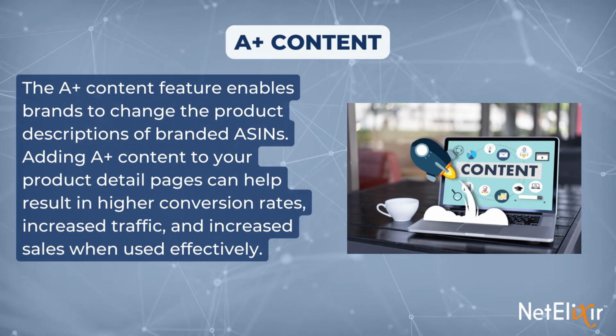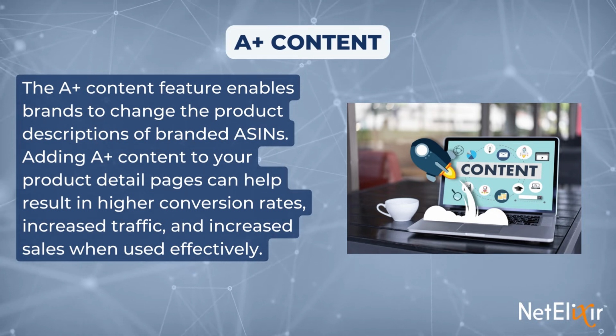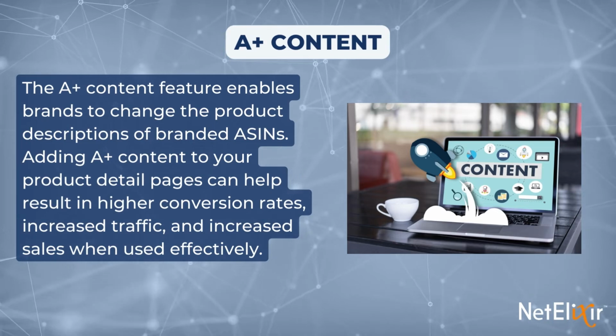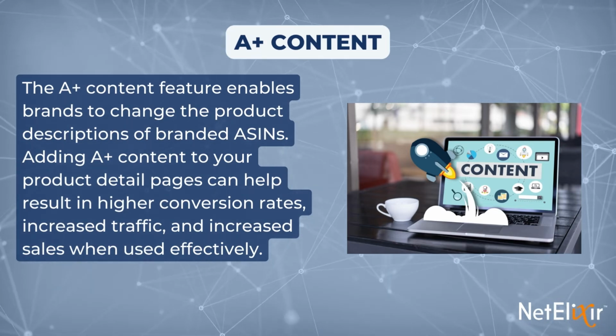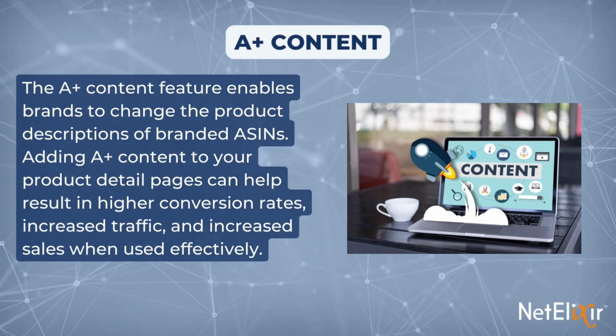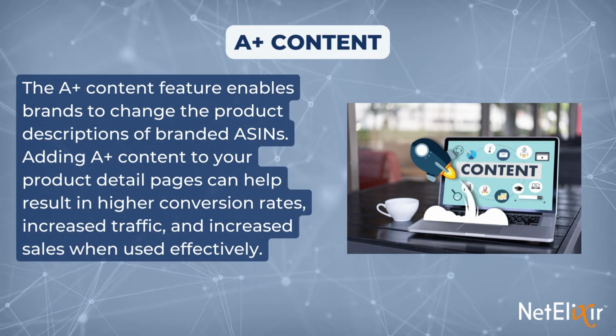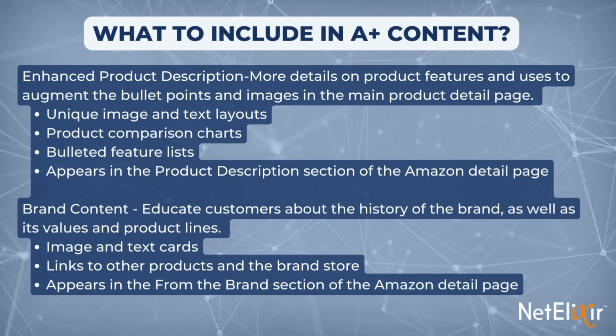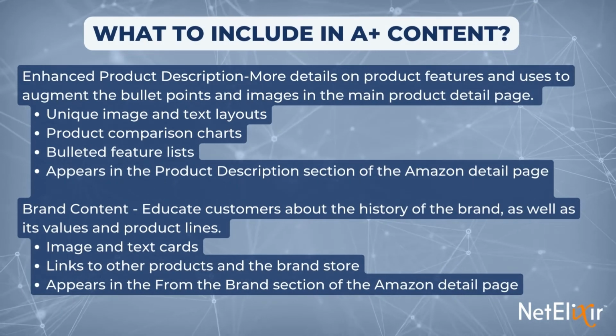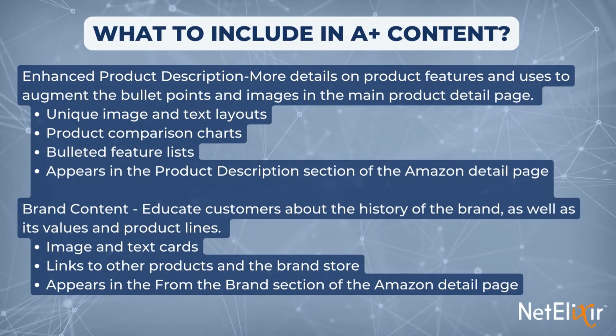The A+ content feature enables brands to change the product descriptions of branded ASINs. Adding A+ content to your product detail pages can help result in higher conversion rates, increased traffic, and increased sales when used effectively. A seller must be aware of all the benefits of Amazon A+ content to explore its full potential.